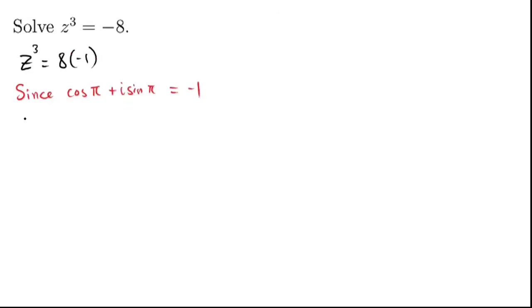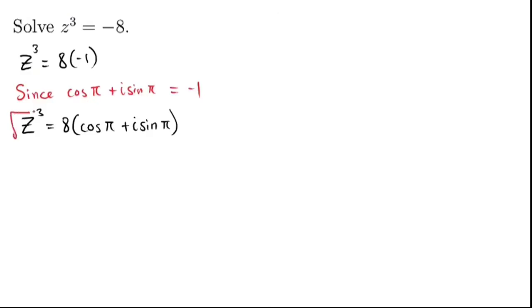So our equation can now be written as z cubed is equal to 8, where there's negative 1, I'll replace that with cos pi plus i sine pi. Now our next step, to get rid of that cube, I'll simply introduce a cube root to both sides.